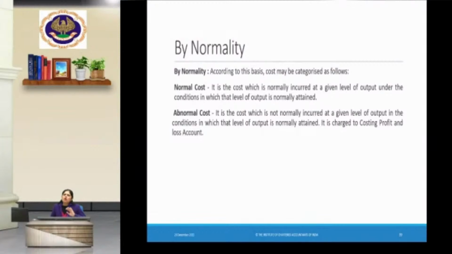All the material, labor and other expenses which happen on a day-to-day basis are normal costs. Any event which generally doesn't happen, like strikes and lockouts, any fights or tussle, or any abnormal breakdown of machinery, which is not happening in the ordinary course, is the abnormal cost.